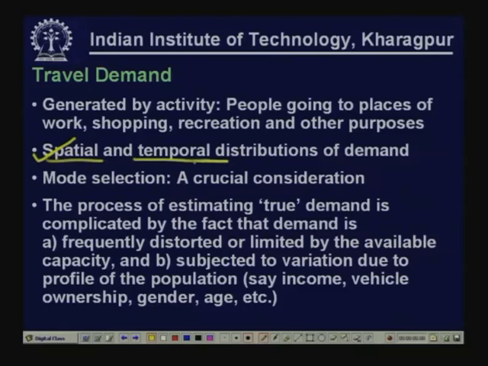Let us try to understand the spatial and temporal distributions of demand. As I have already indicated, because the facilities are located in different places, it has spatial characteristics. So, naturally demand also has a spatial dimension.